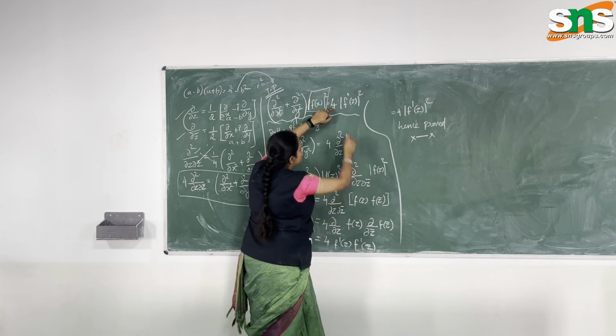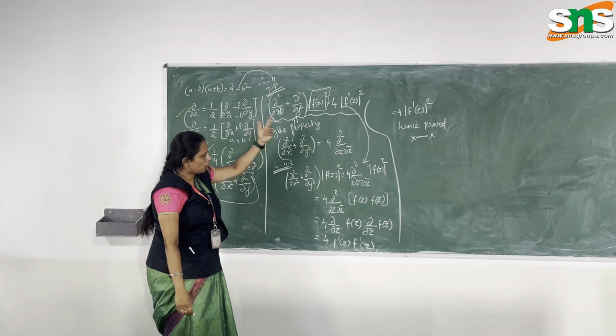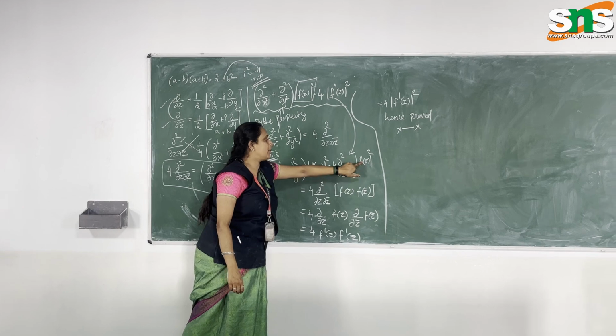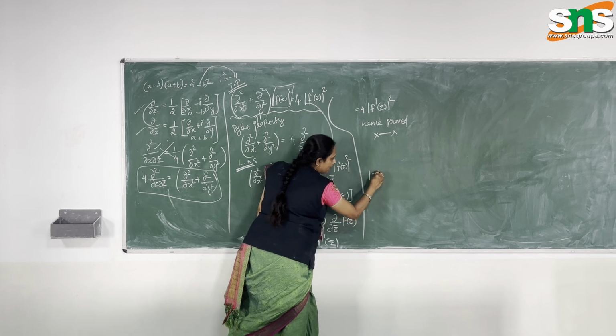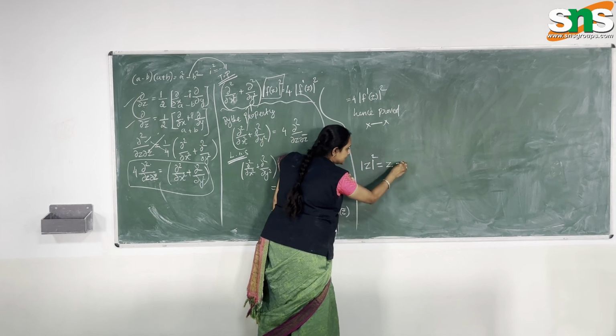Then we are going to find the value of 4 modulus f dash of z whole square equals 4 times ∂²/∂z∂z̄ of modulus f of z whole square. Using the property, modulus z square is nothing but z into z̄.